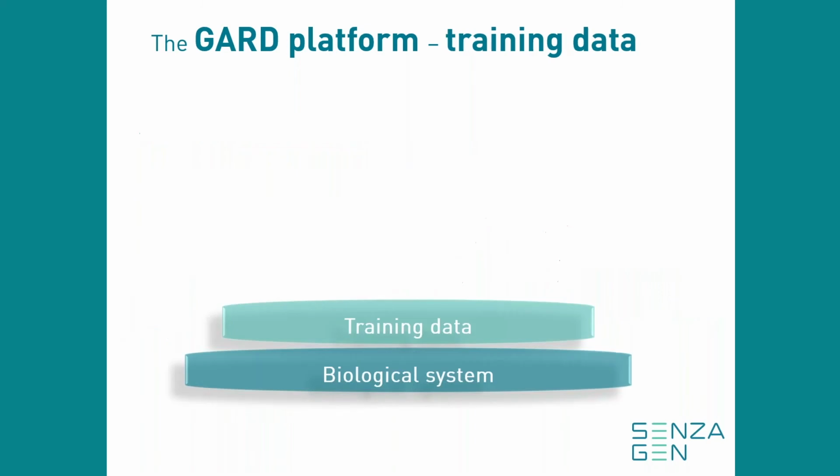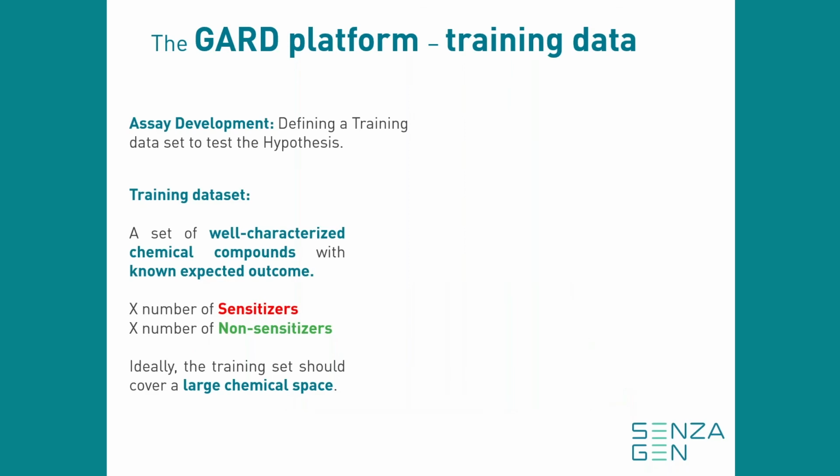In order to do that, we need to move on to the second module here, which is the training data set. The definition of a training data set is basically a set of chemicals with known expected outcome. So they should be well characterized in the scientific literature, and we should know what kind of response they normally induce in humans.